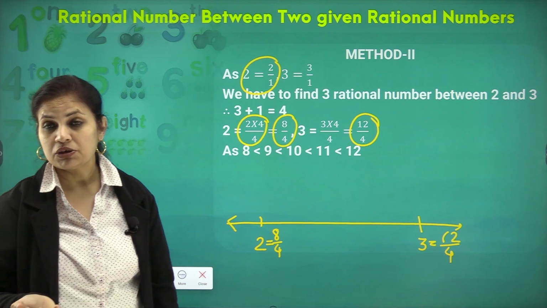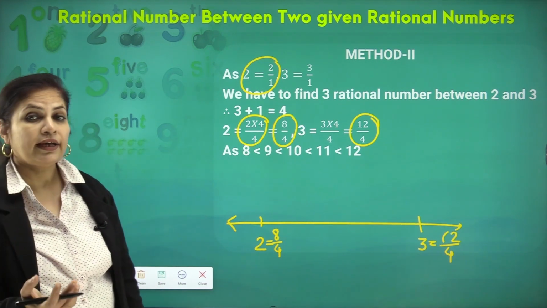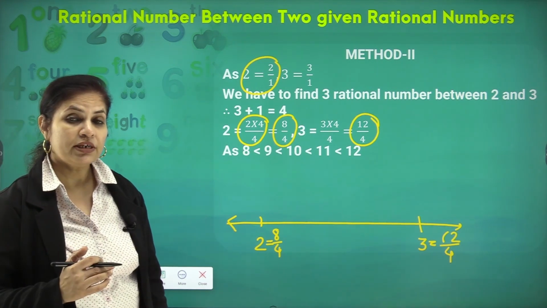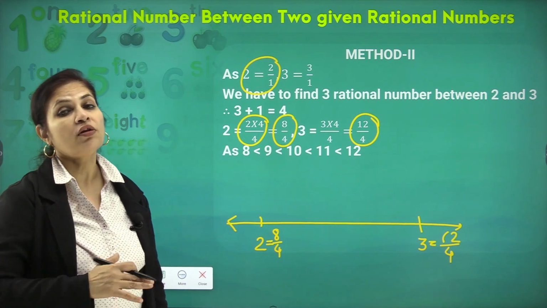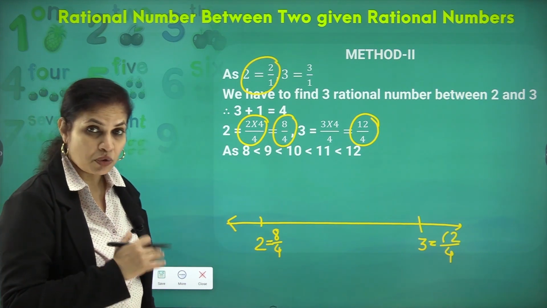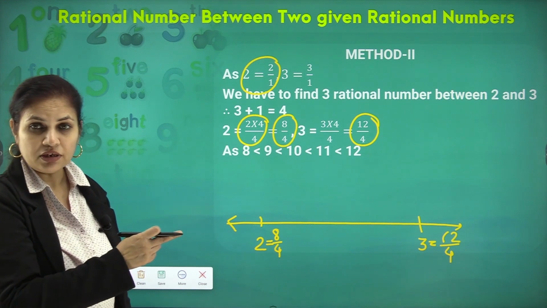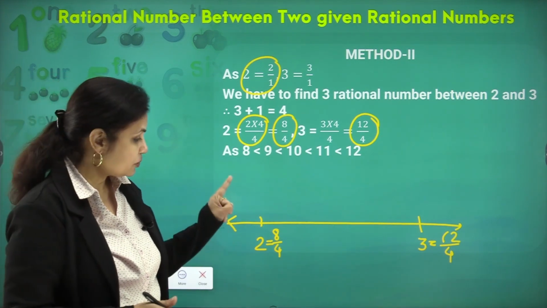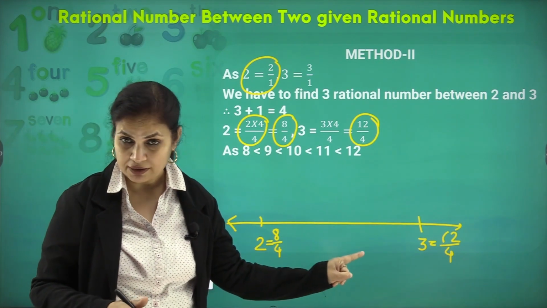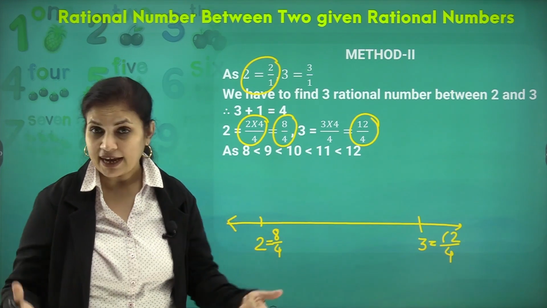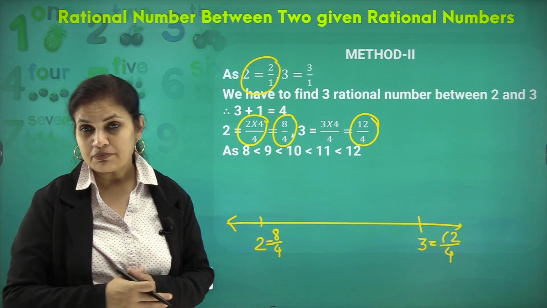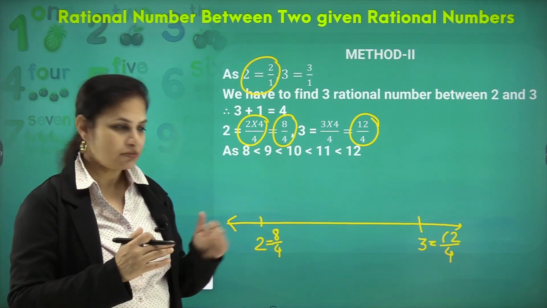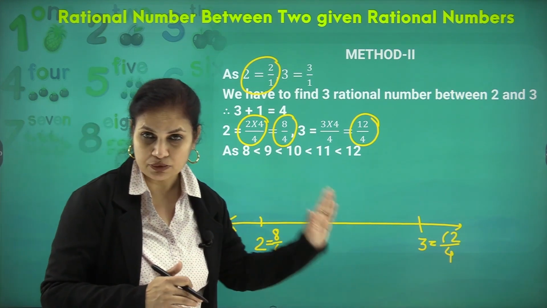Again I am reminding you that we make the denominator equal to 1 more than the number of rational numbers required to be fitted in between the two given numbers. So, I have to insert numbers between 8 upon 4 and 12 upon 4. Let's think that way, that we do not have to insert numbers between 2 and 3. We have to insert them between 8 upon 4 and 12 upon 4.